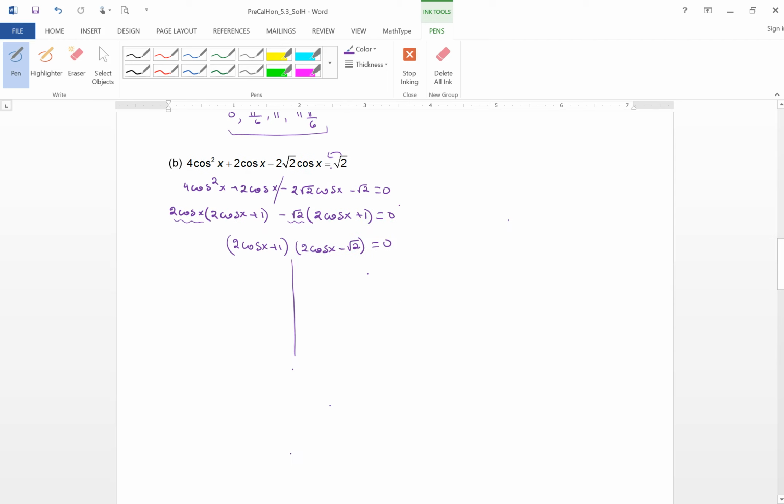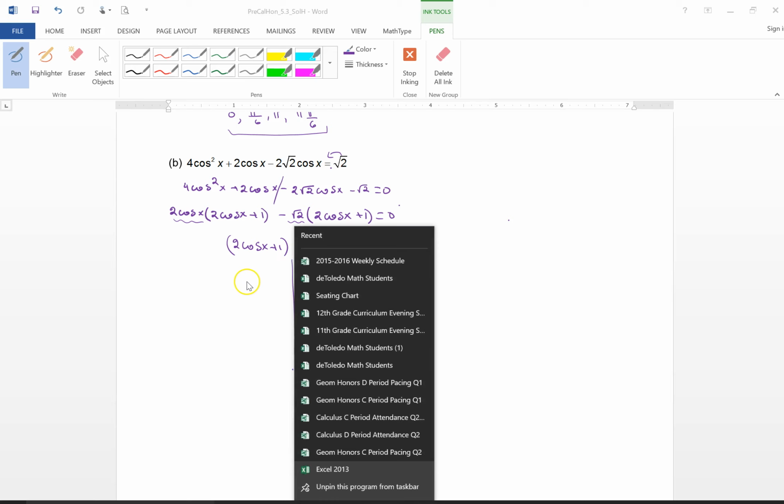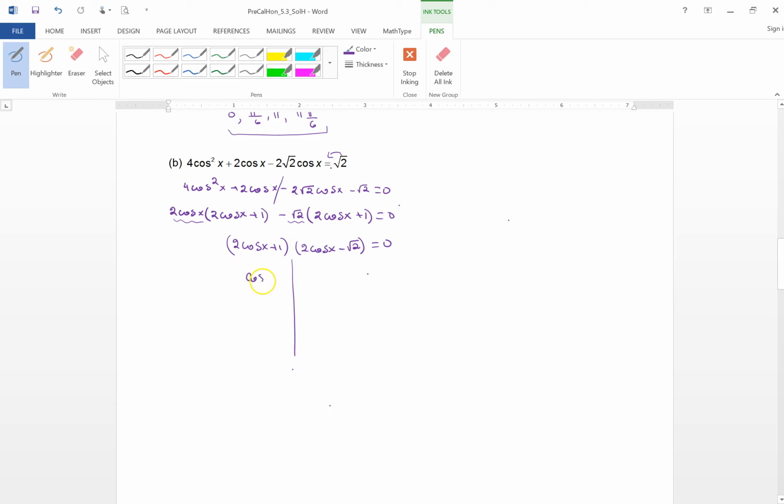Here, cosine x is equal to negative half, and here, cosine x is equal to root 2 over 2. In the first case, x is 2 pi over 3 and 4 pi over 3. These are the x's where cosine is equal to negative half in this quadrant and in this quadrant.